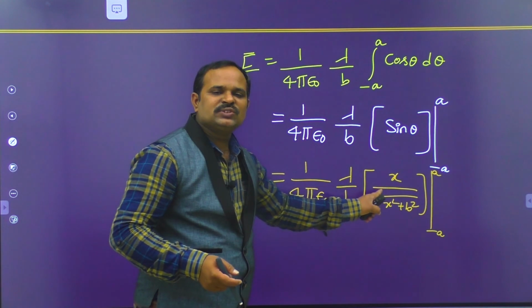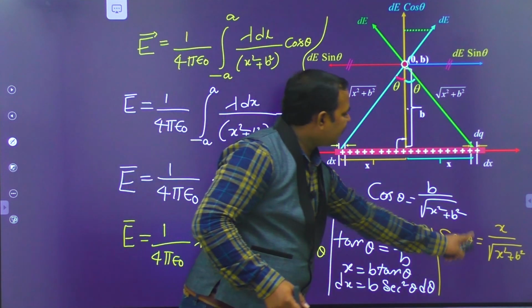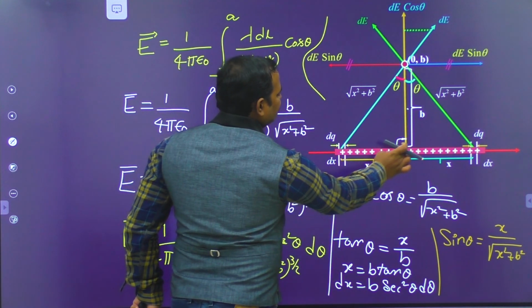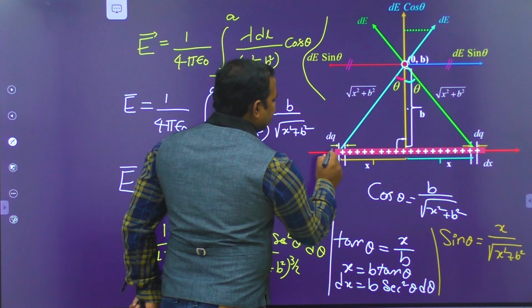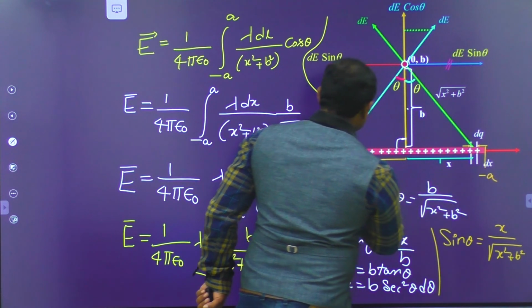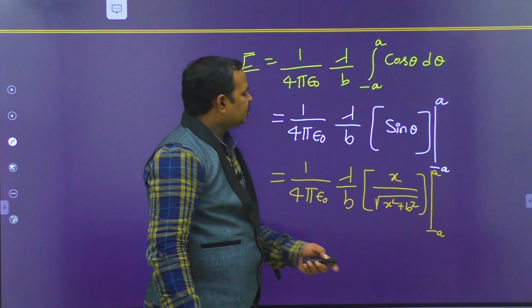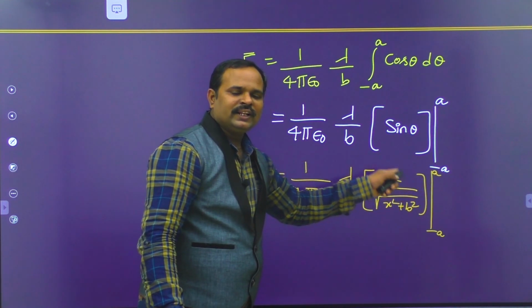Whenever we take a small length, the distance from that to the origin is x actually. That means x can be varied from minus a to plus a. The total length is minus a to plus a, that is 2a. So x is a variable, so we substitute the limit values in x.